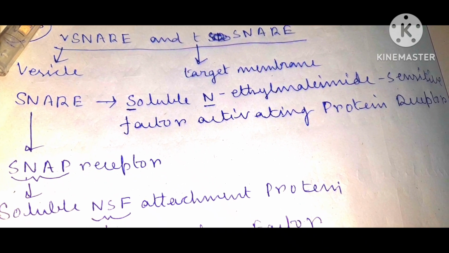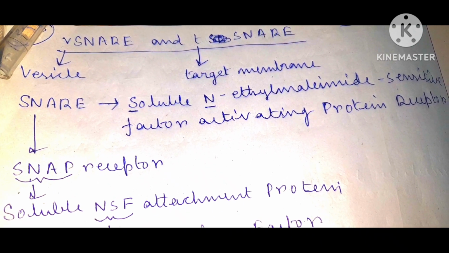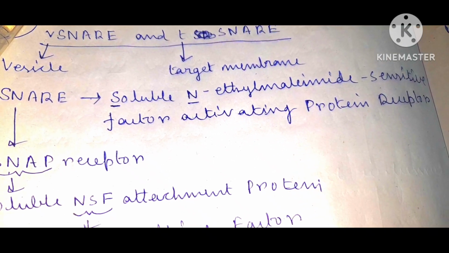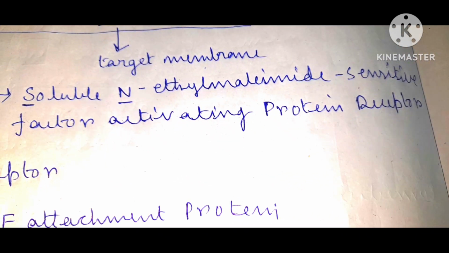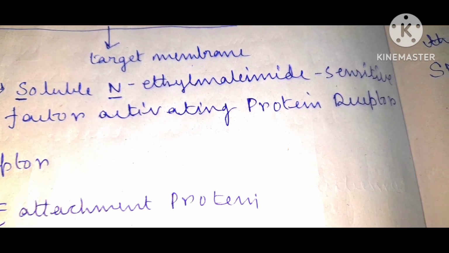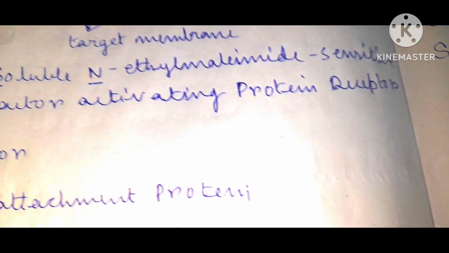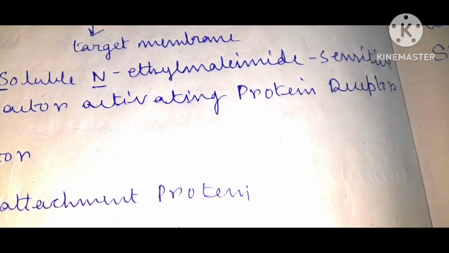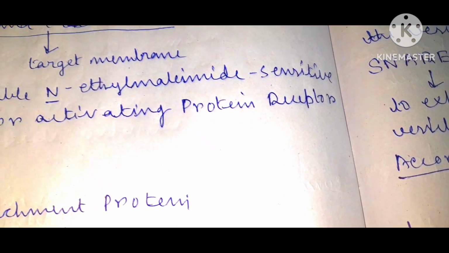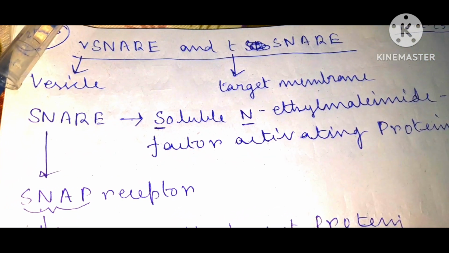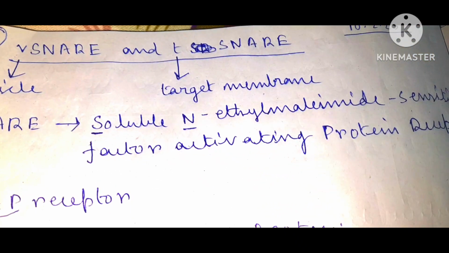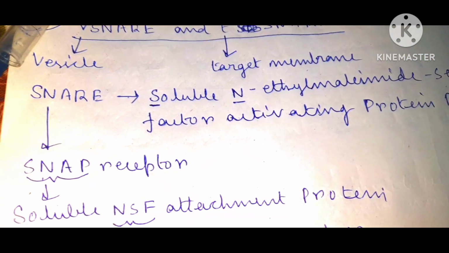The full form of SNARE is soluble N-ethylmaleimide sensitive factor activating protein receptor, and V for vesicle and T for target membrane.